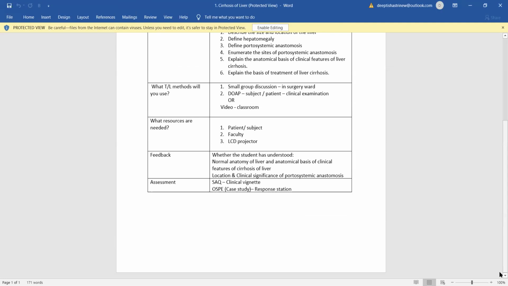The feedback could be taken in a way whether the student has understood the normal anatomy of liver, and could correlate the anatomical basis of clinical features of cirrhosis of liver, and location and clinical significance of portosystemic anastomosis. Assessment can be done by short answer questions, by a clinical vignette, or an OSPE.